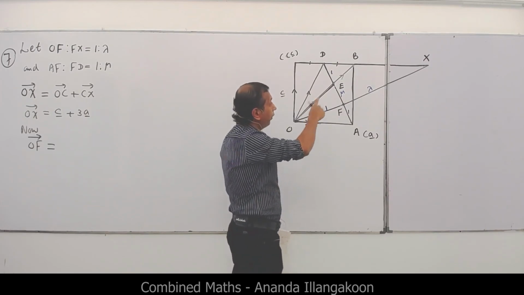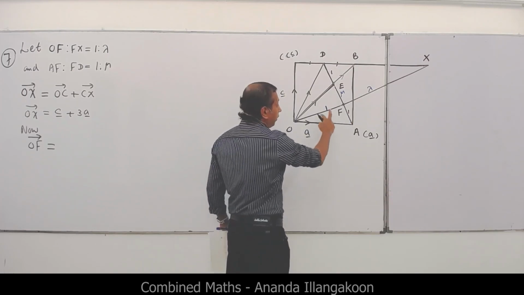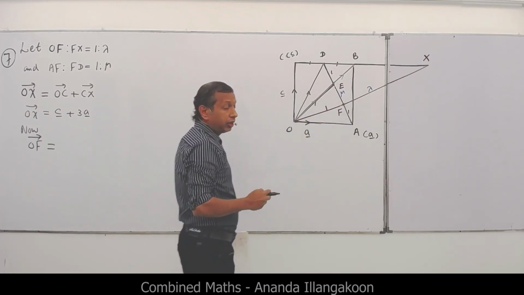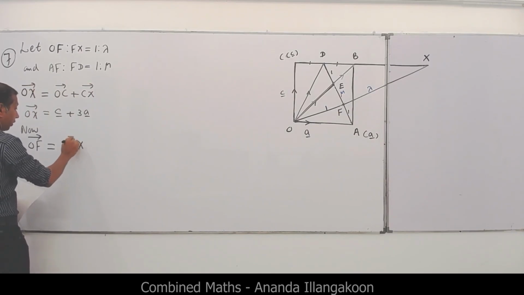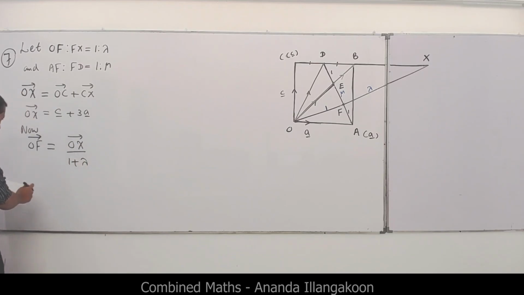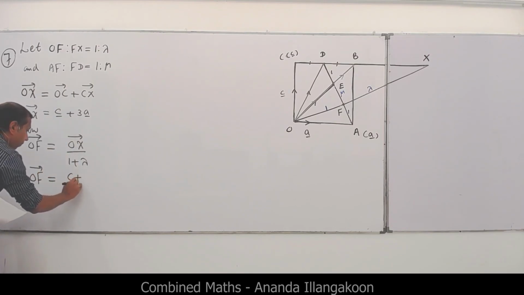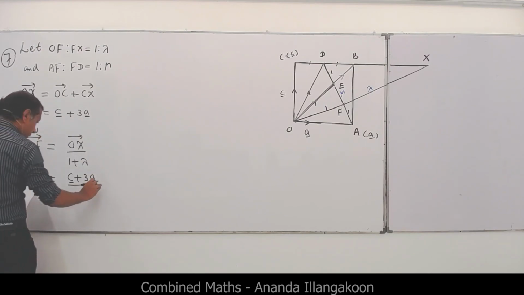How? OX vector we divide by 1 plus lambda, and we take one part of that. Then OF vector is equal to OX vector, c plus 3a, divided by 1 plus lambda. Right. Let us take this as number 1.